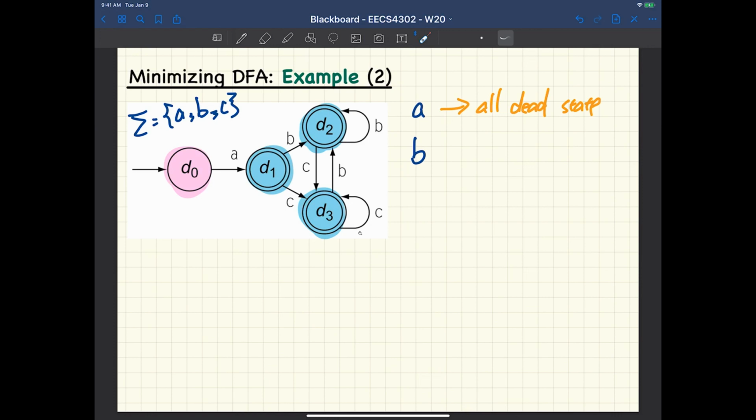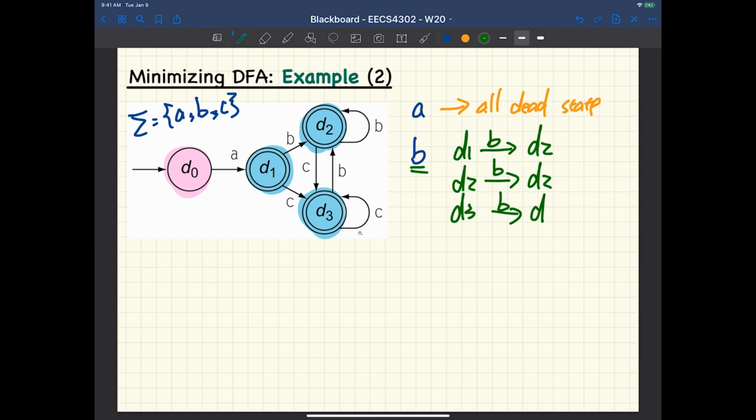Just for your convenience, I'll write it down: in D1, taking B, you go to D2. In D2, taking B, you go to D2. In D3, taking B, you go to D2. Same state, but more importantly, they're all blue.